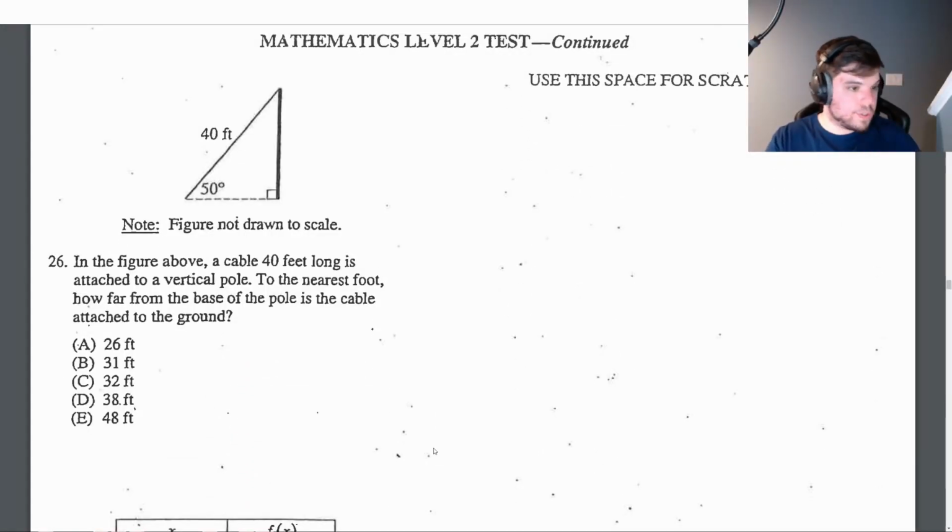Okay, number 26. In the figure above, a cable 40 feet long is attached to a vertical pole. It's the nearest foot. How far from the base of the pole is the cable attached to the ground? Okay, so what they're essentially asking for is this. They're asking for X. We'll call this P for pole.